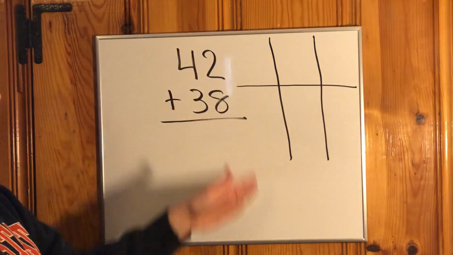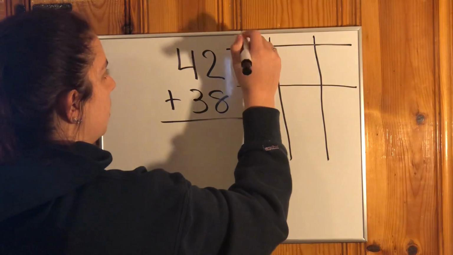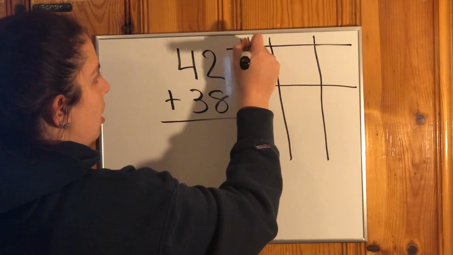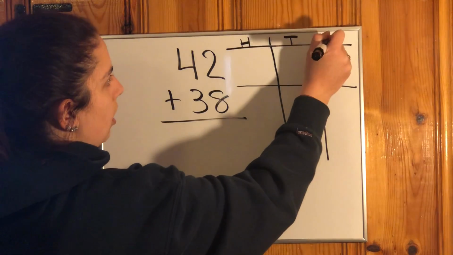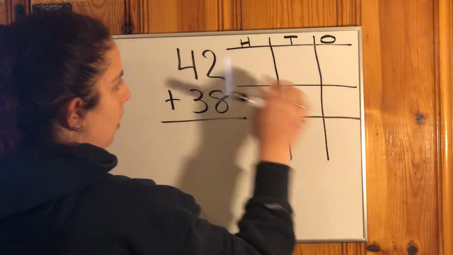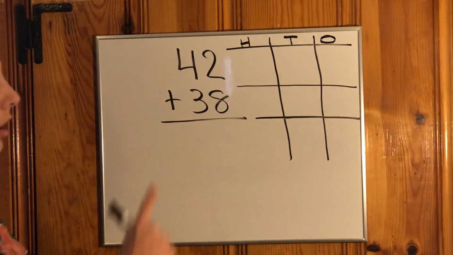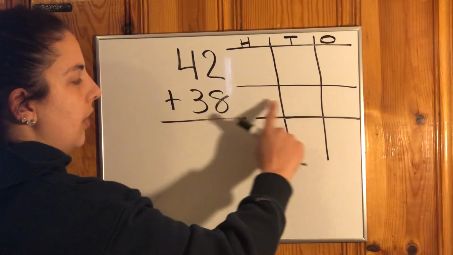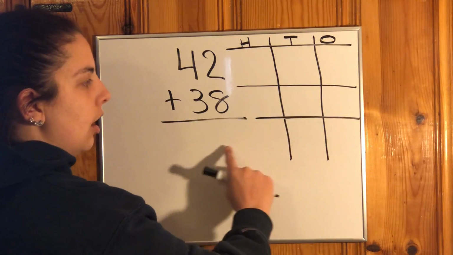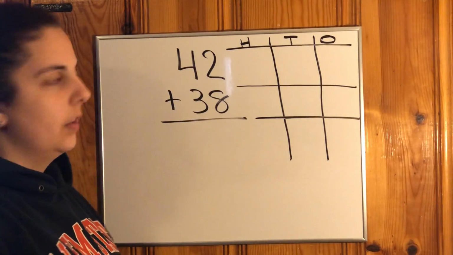So I'm going to make a hundreds column just in case, and I'm going to label H, T, O. Up here we're going to draw our place value blocks for 42. Down here we're going to draw our place value blocks for 38. And down here will be our sum using place value blocks.